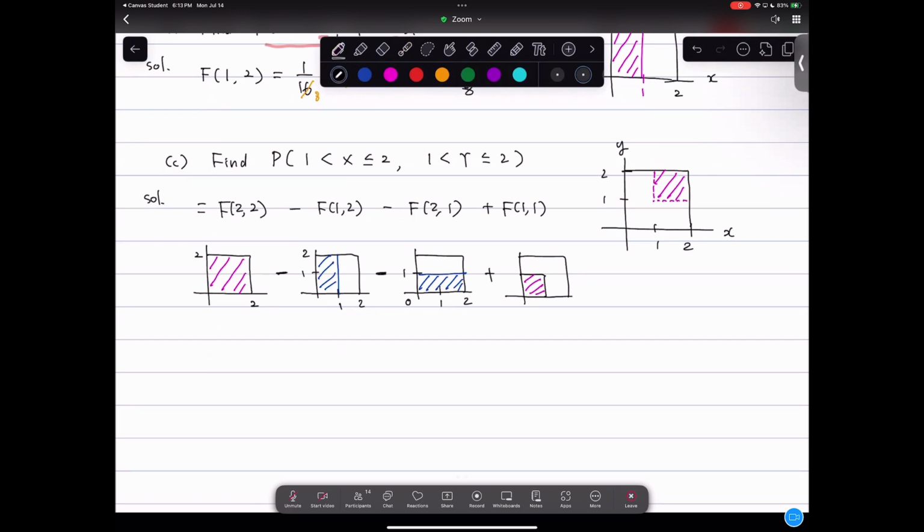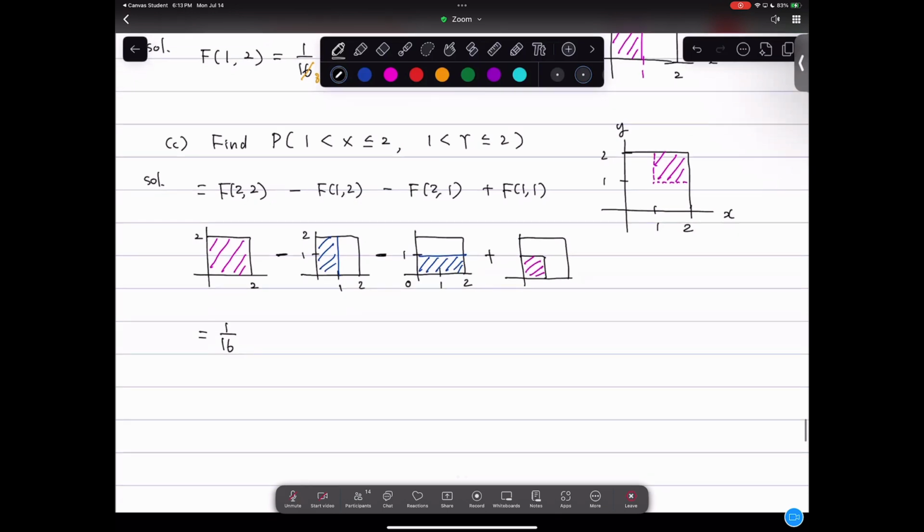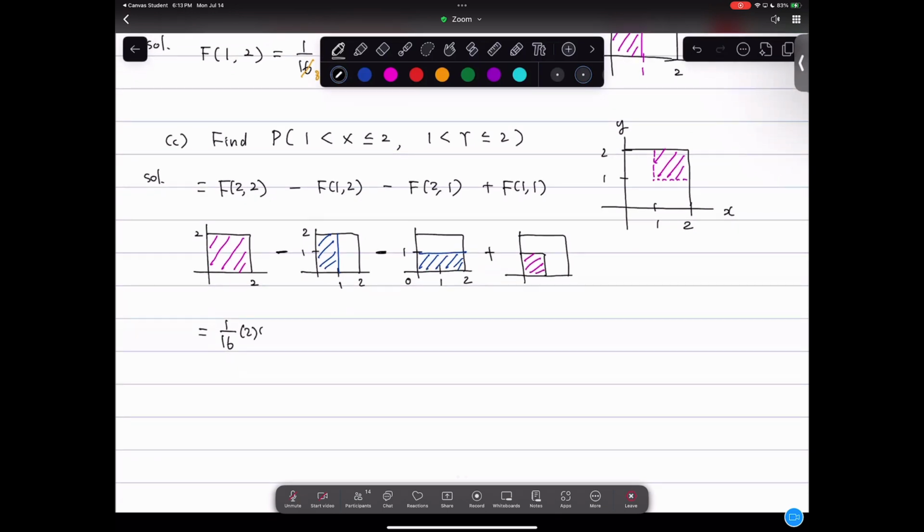F of 2, 2 is 1 over 16 times x times y times x plus y, with x 2, y 2, and x plus y that's 4. Then you do the same thing: 1 over 16 times x times y times x plus y, that's going to be 3. Subtracting that, and adding F of 1, 1: 1 times 1 times 1 plus 1, that's 2.